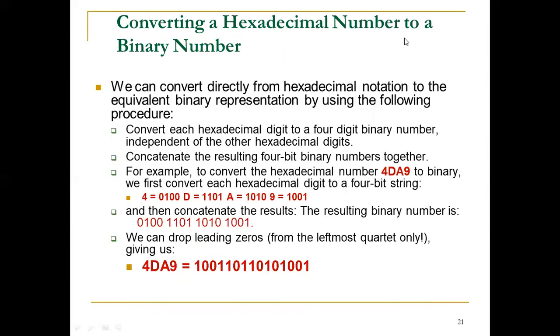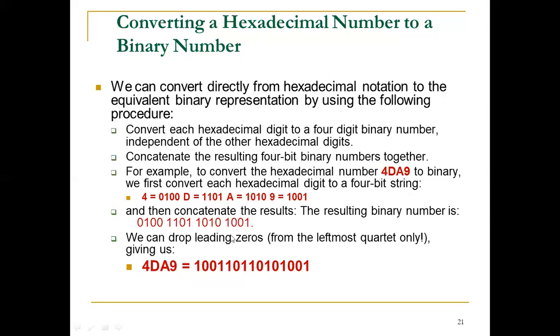Converting hexadecimal number to binary is a very simple process, because suppose we have to convert this 4DA9 hexadecimal number into binary. So first of all, write down the equivalent binary value. So 4 is equivalent to 0100 in 4 digits.